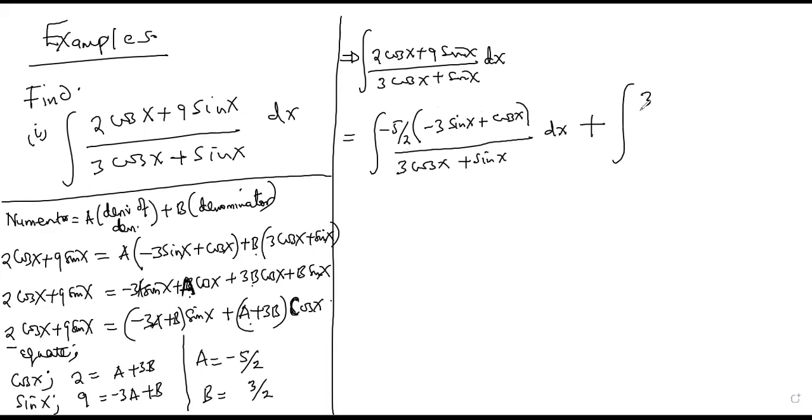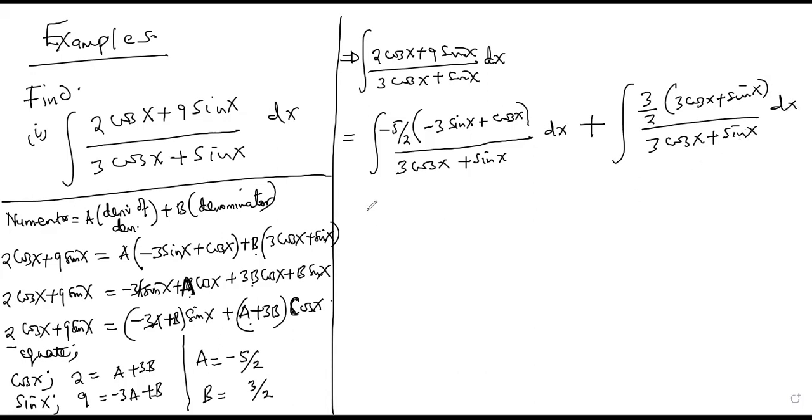B is 3/2, then 3 cos x plus sine x over 3 cos x plus sine x dx, of course.